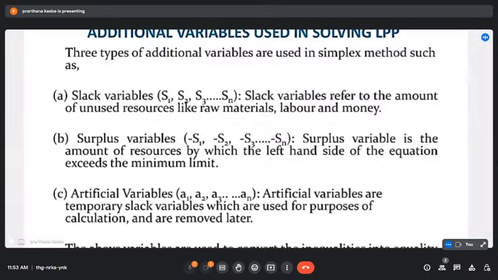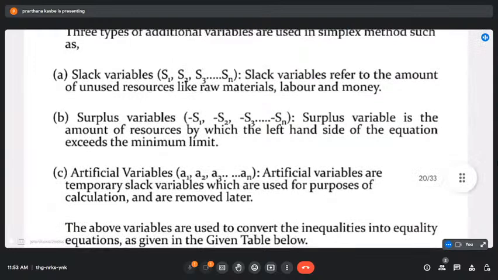Surplus variables, shown by minus S1, minus S2, minus S3, up to minus Sn. The surplus variable is the amount of resources by which the left hand side of the equation exceeds the minimum limit. And the last one is the artificial variable, shown as A1, A2, A3, up to An.